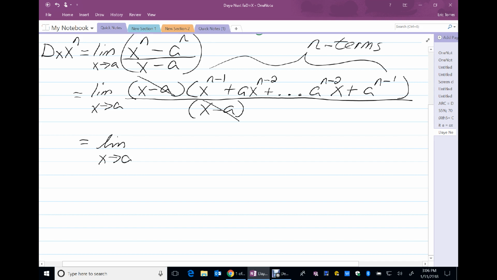This is important because we don't see each and every single one of them, but how do I know that there are n terms? Because my exponent's going down by 1, then down by 2, then down by 3, 4, 5, 6, and when I get down to here, I've actually removed n minus 1 of them, so that's 1 less than n. One more term is n terms.